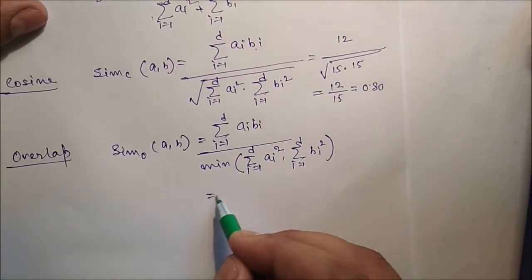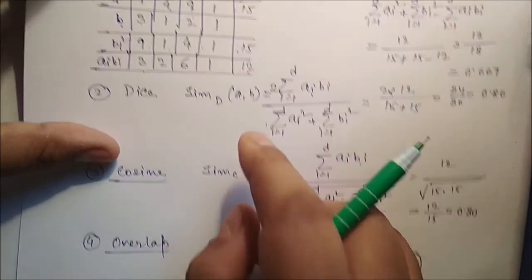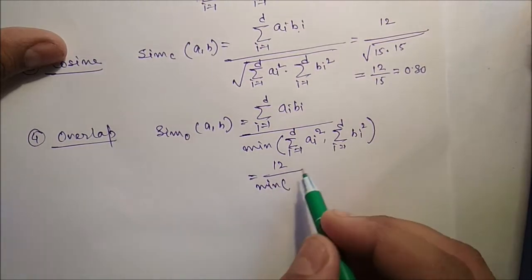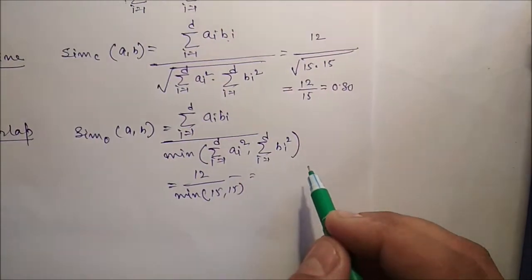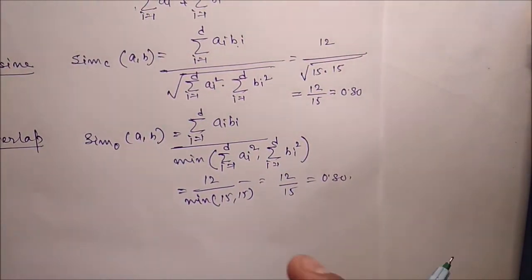Summation of AiBi is 12, already done. And the minimum between Ai square, which is 15, and Bi square, which is also 15, is 15. So it is 12 by 15. The answer is 0.80.